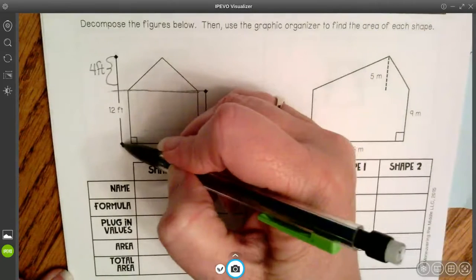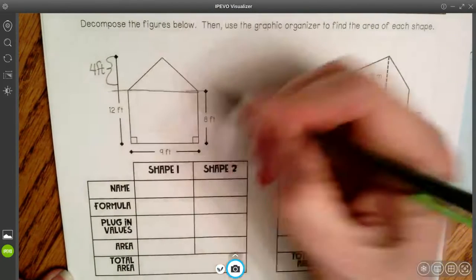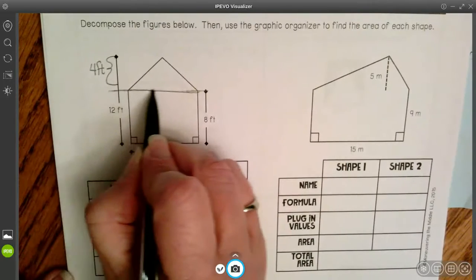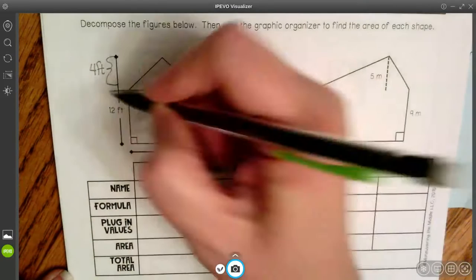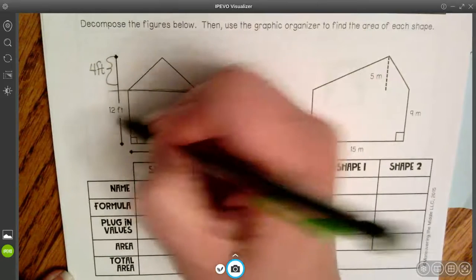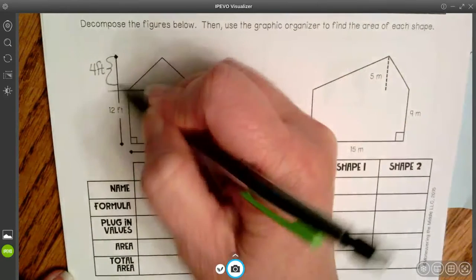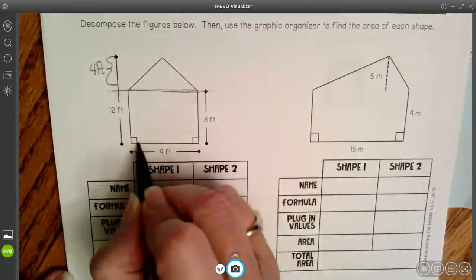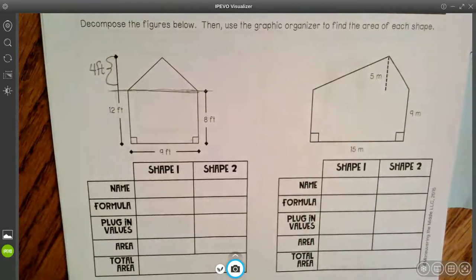It says from here to here is 12 feet, and from here to here is 8. So if we take our line, divide it between our triangle and our rectangle, go right here, we've got from here to here, we've got 12 for the whole thing, minus the 8 from this part is going to be the 4. Okay, and then the base of the triangle is the same as the base of the rectangle.